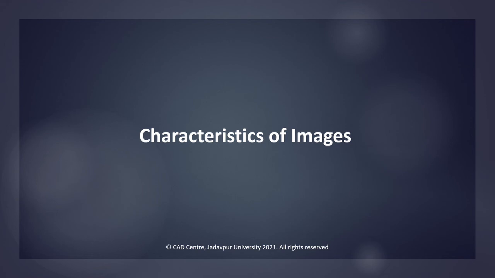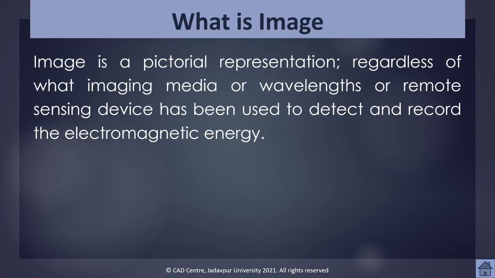It is important to distinguish between the terms images and photographs in remote sensing. Then what is an image? An image refers to any pictorial representation, regardless of the imaging media or wavelengths or remote sensing device that has been used to detect and record the electromagnetic energy.